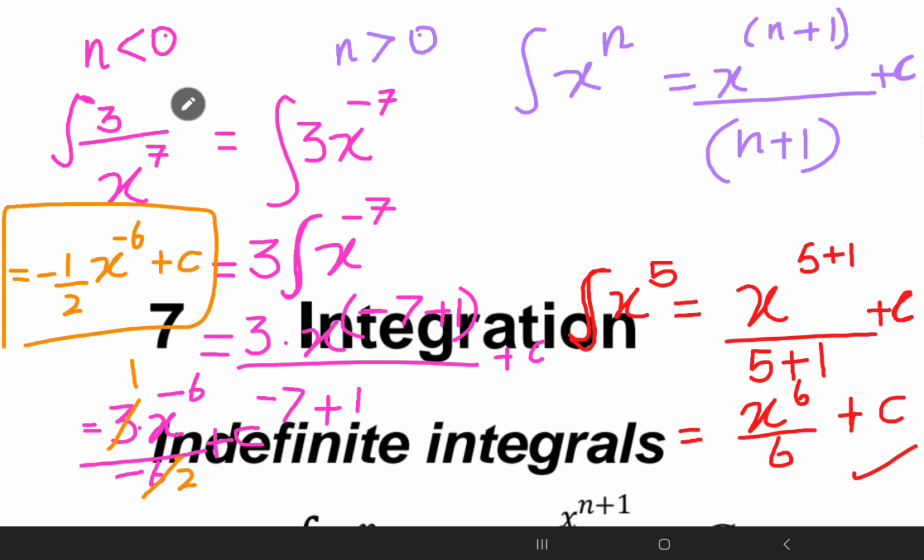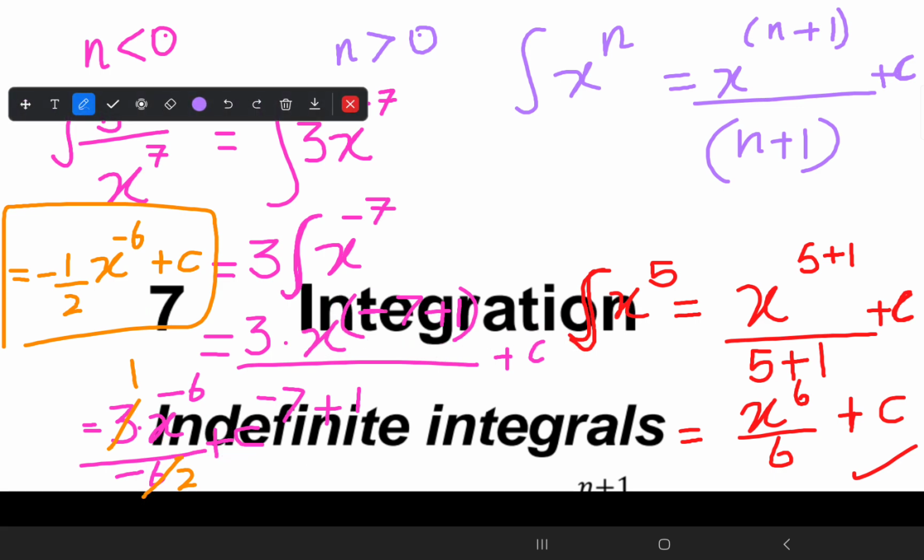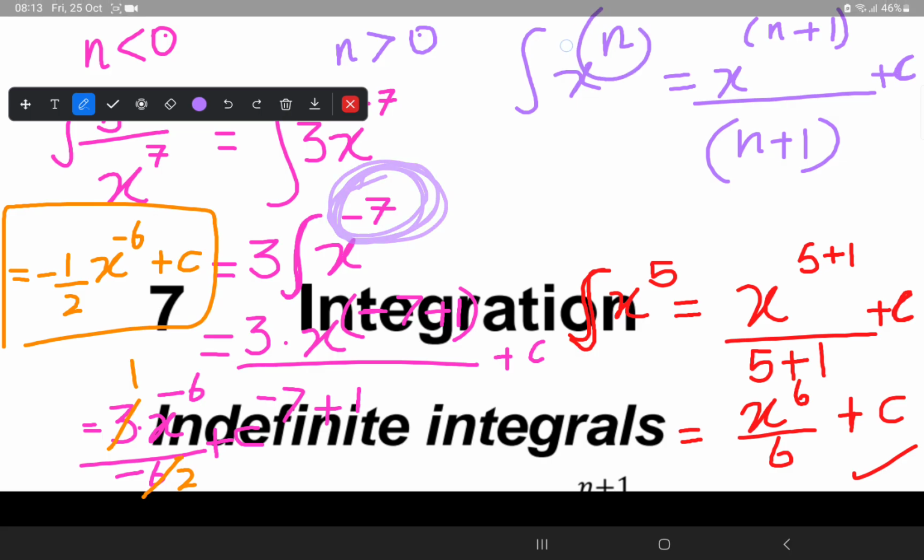But when we deal with negative powers of x, that means the x is located in the denominator. You have to take that denominator to the numerator first. That's a kind of reciprocal work. Then you can integrate that one. Think of this value as n.